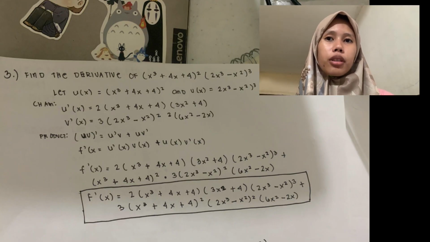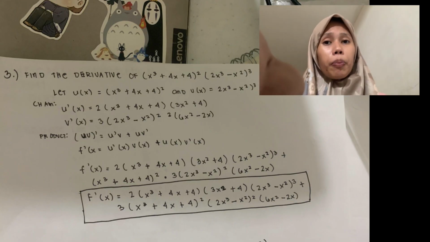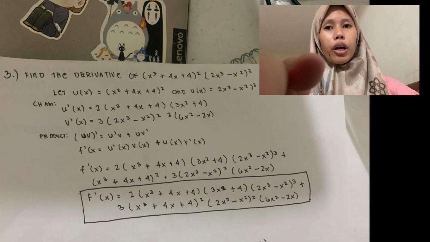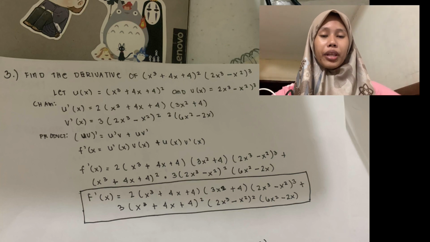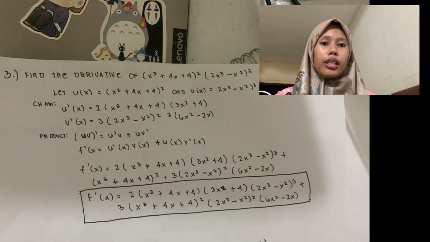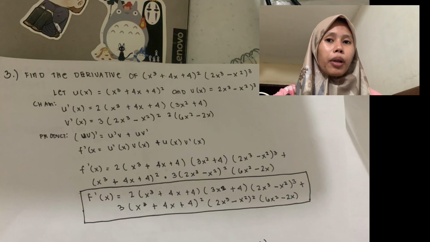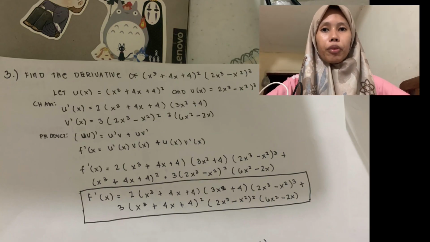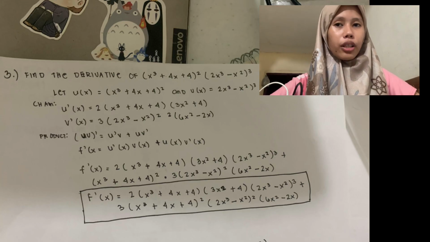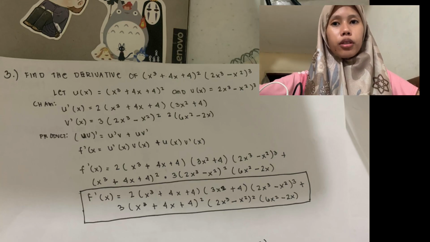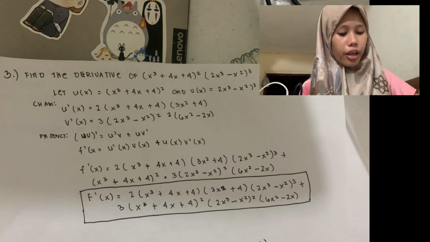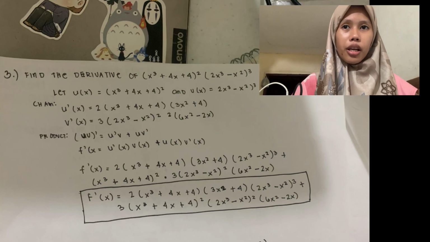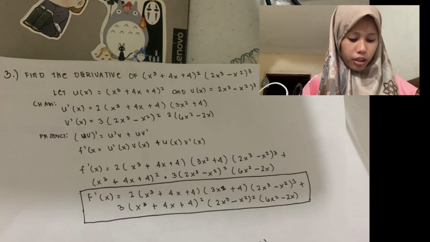So the product rule states that the derivative of a product of two functions uv is equal to u'v plus uv'. So apply that to our function, and then we will substitute and simplify, and then the answer is this.